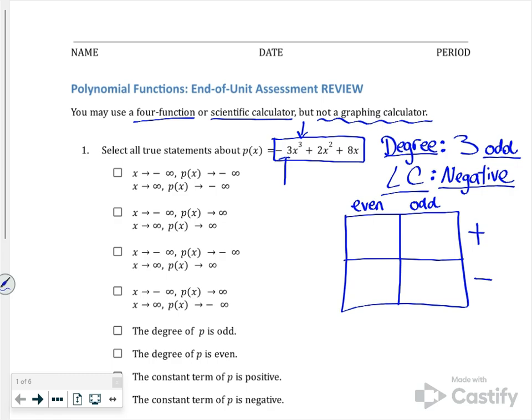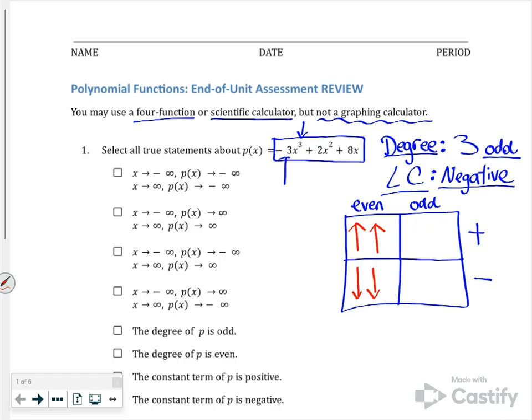Just to make this chart for you, we would change my pen. If it's even degree and positive leading coefficient, the arrows go up, up. When it's even and negative, the arrow pattern is down and down.